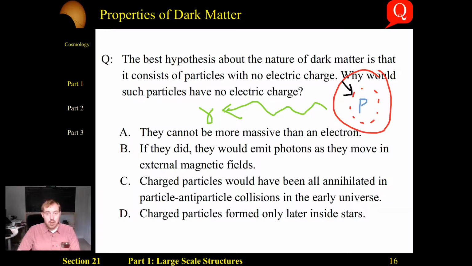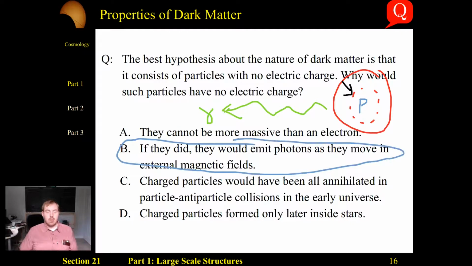So for those reasons, that's how we know that it can't have electric charge. Because if it did have a charge, even a tiny one, it would still interact with light and produce electromagnetic radiation.